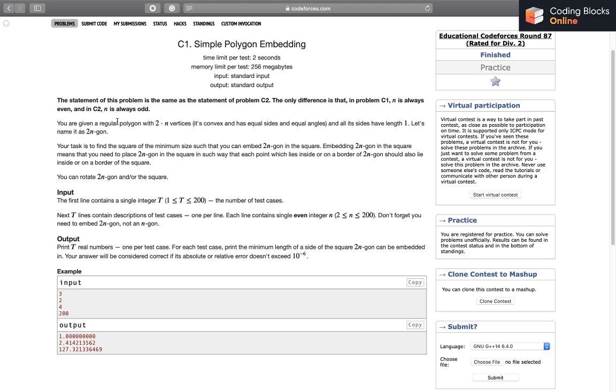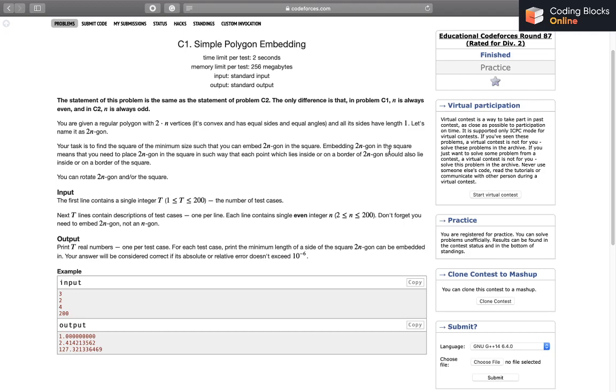The problem says that you are given a regular polygon with 2n vertices. Note that it's 2n and not n, and the polygon is convex, has equal sides and equal angles, and all of its sides have length 1. So let's name it as a 2n-gon. Just make sure that you read it carefully, that it's a 2n-gon and not an n-gon. Our task is to find the square of the minimum size such that we can embed the 2n-gon in that square.